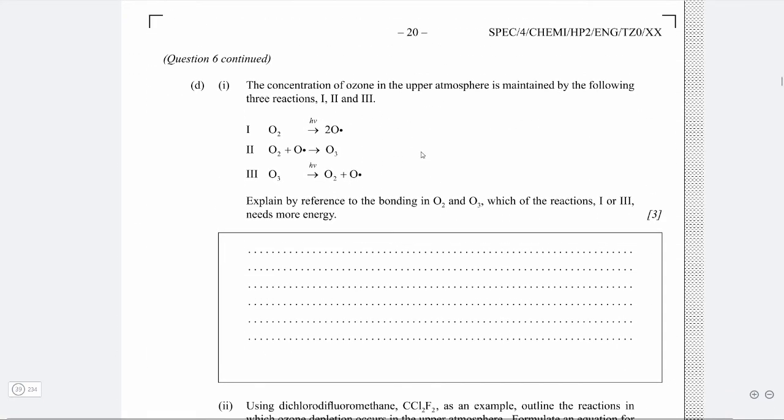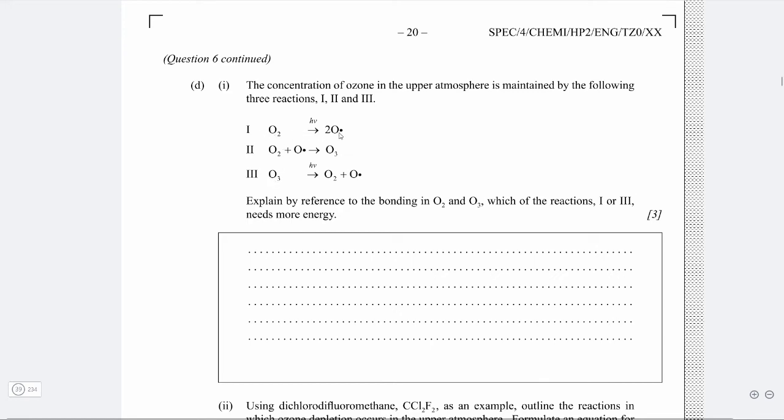Okay, and then you have ozone depletion. You get 3 reactions explained by reference to bonding in O2 and O3. Which of the reactions needs more energy? So a shorter bond is a stronger bond, which needs more energy to break. And since ozone is conjugated, it has a like 1.5 bond, which is longer than a double bond.